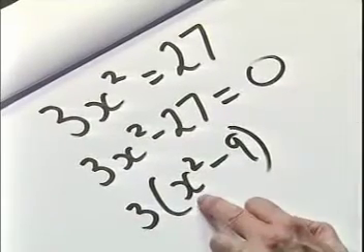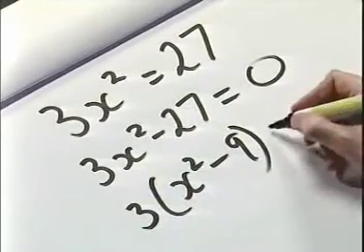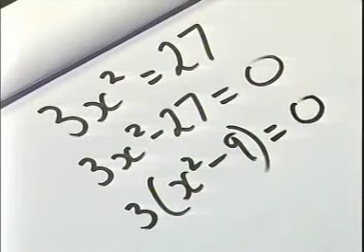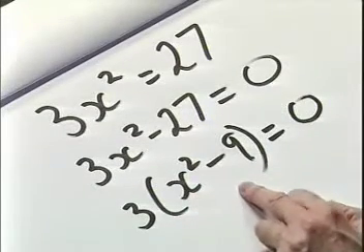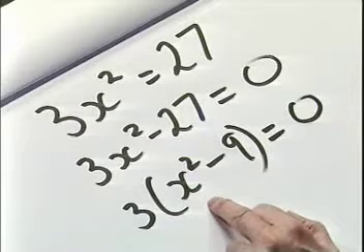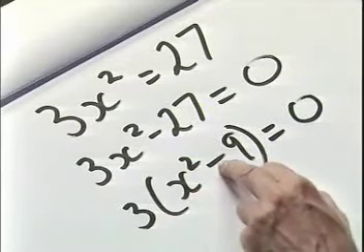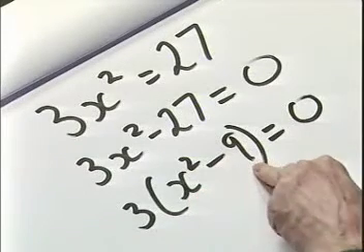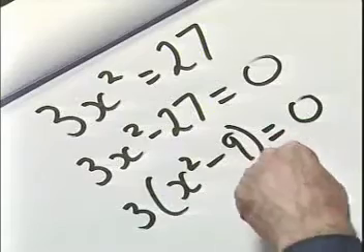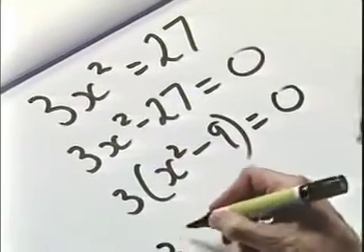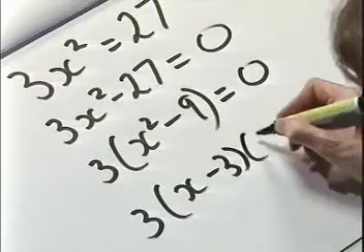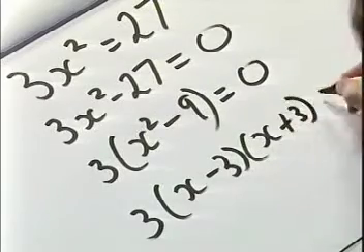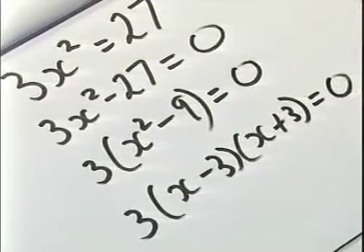And that will leave us with 3 brackets x squared minus 9 equals 0. Inside this bracket now, we have the difference of two squares. We have x squared, take away 9, which is 3 squared. And this is a standard piece of factorising. So that's 3 brackets x minus 3, x plus 3 equals 0.